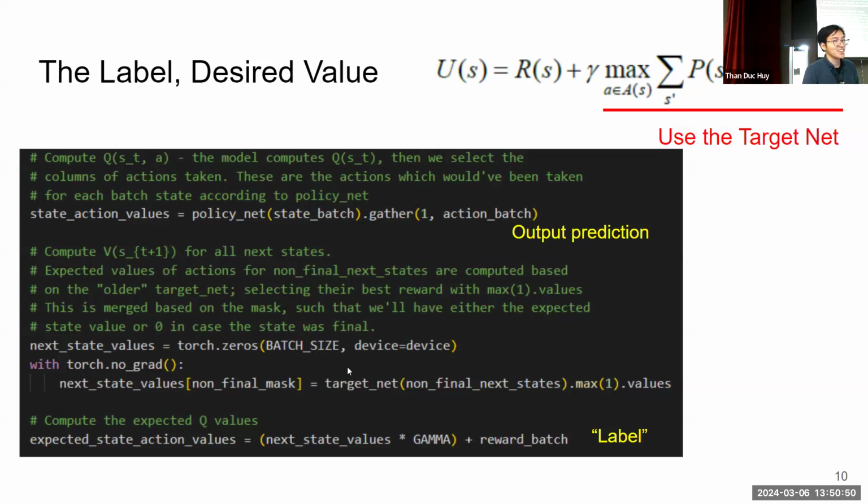So that is what the target net is doing. But as we operate inside the world every day, we will check against our current belief. So we still use a very fast update policy net, but when we want to check against the label, we will use the target net.